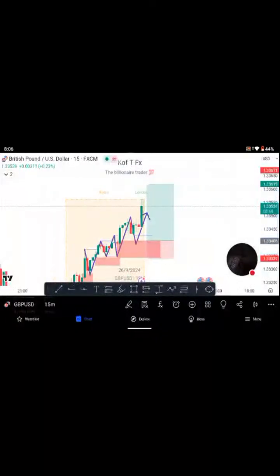Okay, so I've set the limit. So for GBPUSD, we have a buy setup. So let's check other currency pairs to see if we are going to have a trading opportunity as well.